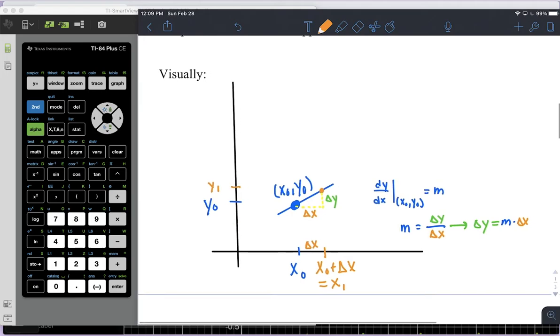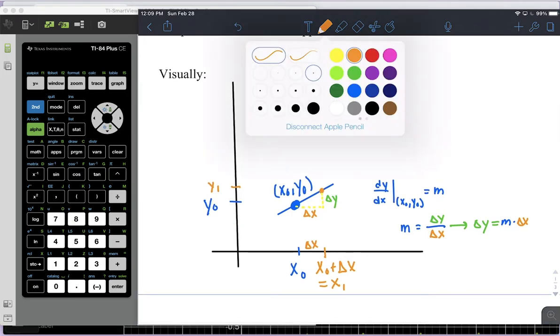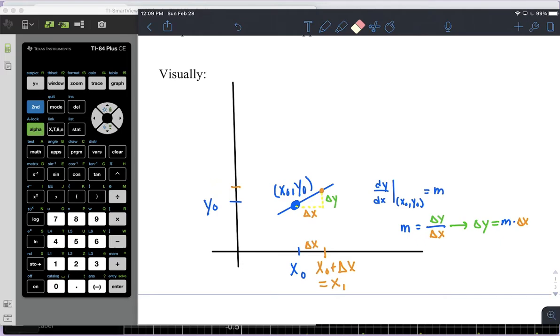So my y1 that I labeled over here is actually equal to my initial y-coordinate, y0, plus m times my delta x.